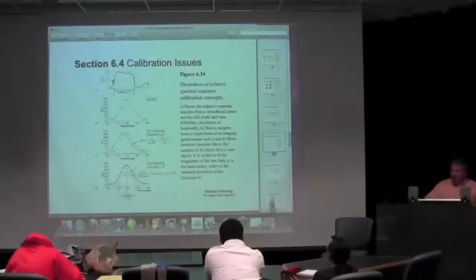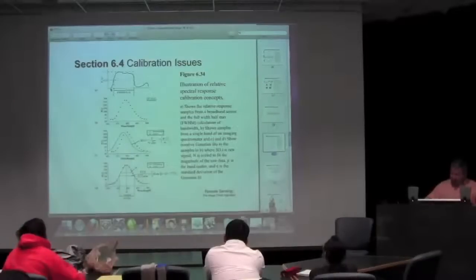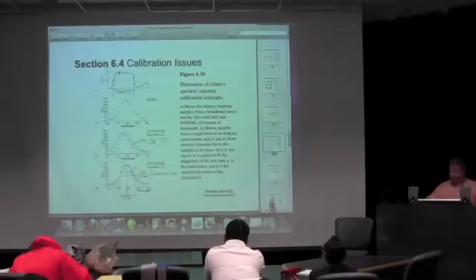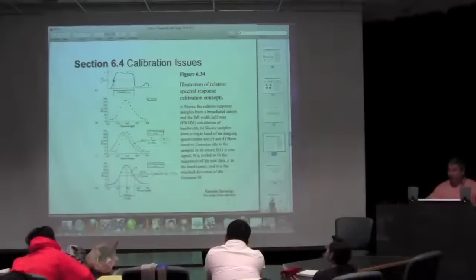The bandwidth is normally referred to by a term called full width at half maximum. So if we measured a spectral response function for the detector as a function of wavelength, we have a peak spectral response right here, where it hits one, and everything is measured relative to that. The full width at half maximum is the point on the rising end and the trailing end where it equals half your maximum response level, and it's the distance between those in wavelength.